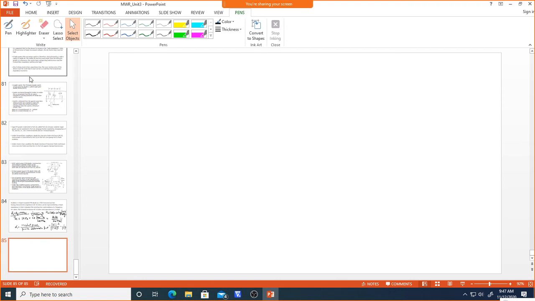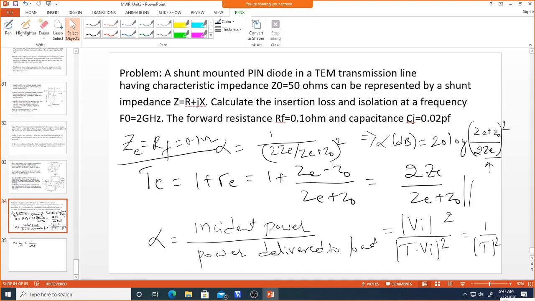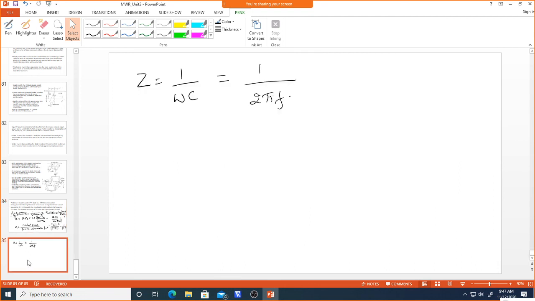In the reverse case, we can take Z as 1 over omega C, that is 1 over 2 pi f into the junction capacitance which is given, 0.02 picofarad. Now calculate this Z for reverse bias, and for forward bias it is 0.1 ohm.